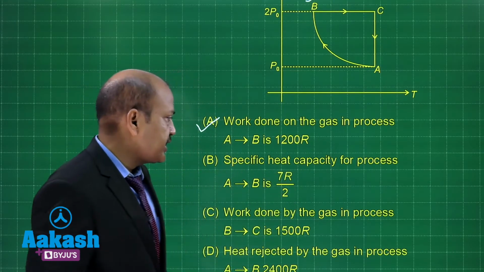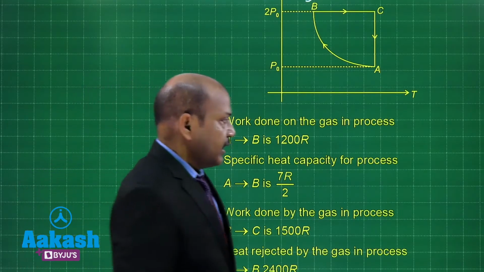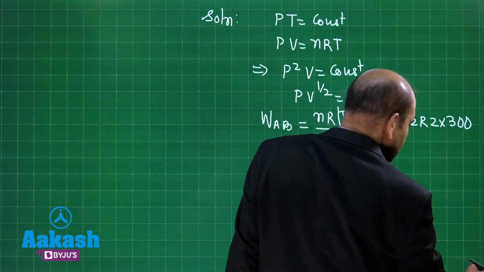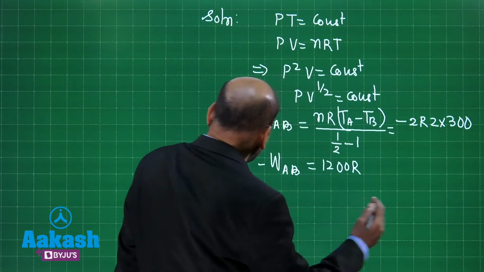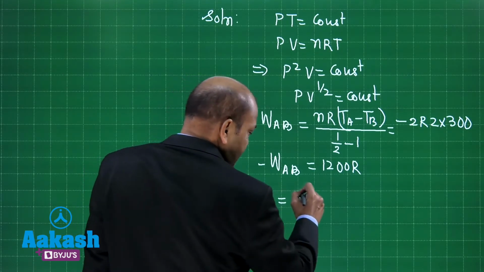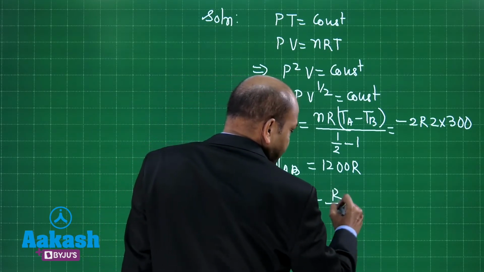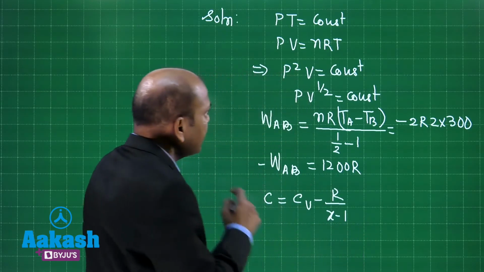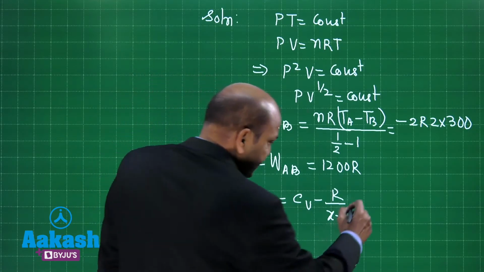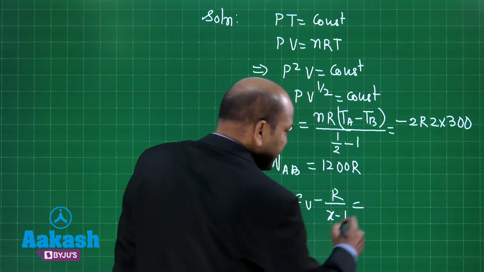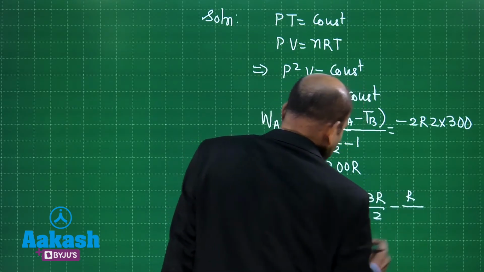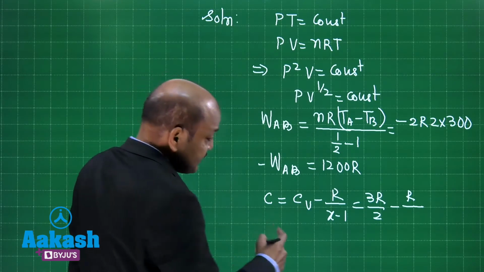Let's find the specific heat for the process AB. Now we already have the equation in the form PV to the power X is equal to constant, and if that is the case, then molar specific heat for the process is CV minus R divided by X minus 1, and in our case the value of X is 1 by 2. CV, the gas being monatomic, is 3R by 2, minus R divided by 1 by 2 minus 1, which is minus 1 by 2.